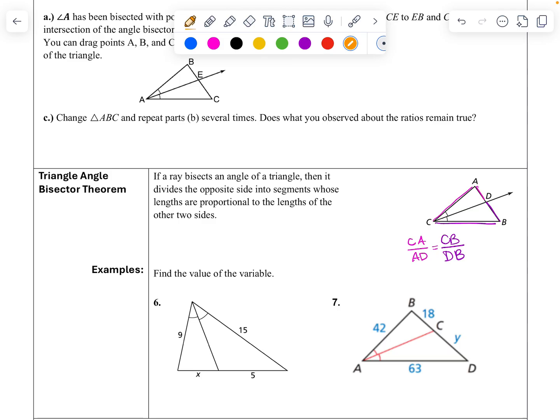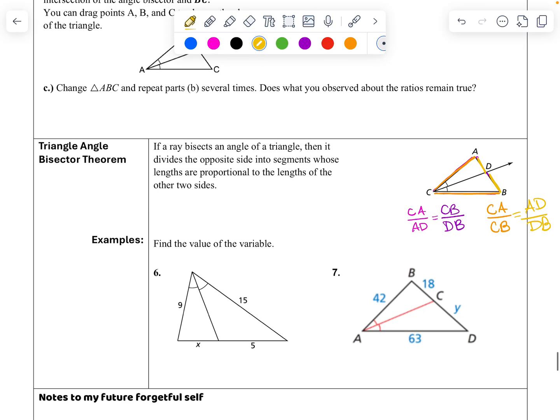But we can also say that CA goes with CB, and that's proportional to AD and DB. Okay, both of those proportions work.